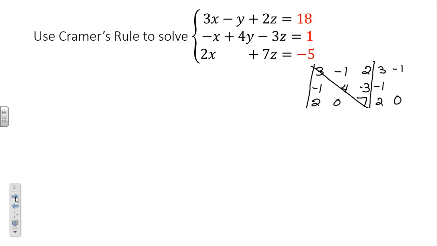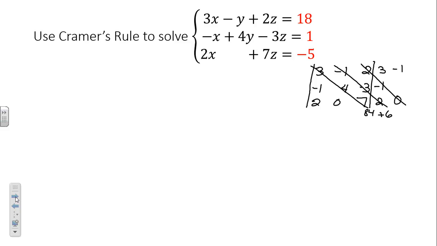Downward diagonal, we get 84. Negative times negative is positive, so 3 times 2. And we'll get a 0. So we've got 90 in the bottom. Upward diagonals, multiply, change the sign.